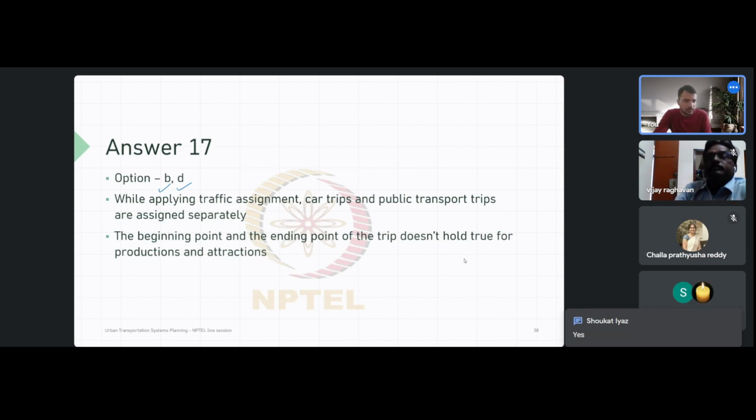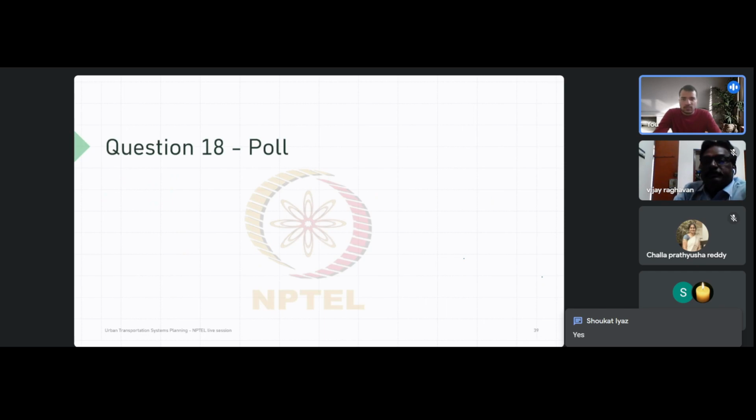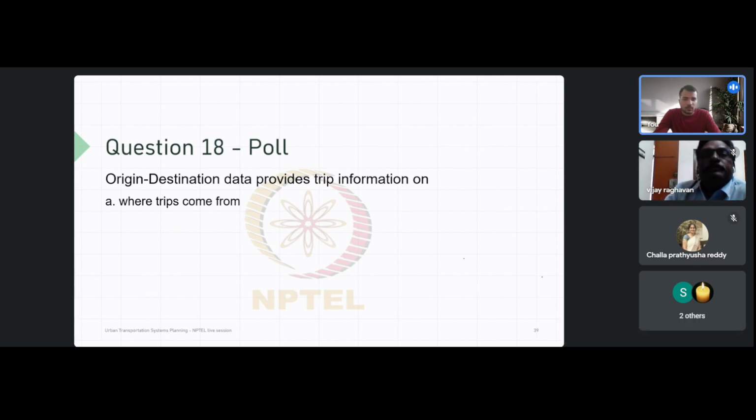Question 18, that is. So this is a poll. So origin destination data provides trip information on where the trip comes from, where they go, by what mode, and for what purpose. So you can respond in the chat. I'll also drop a poll.